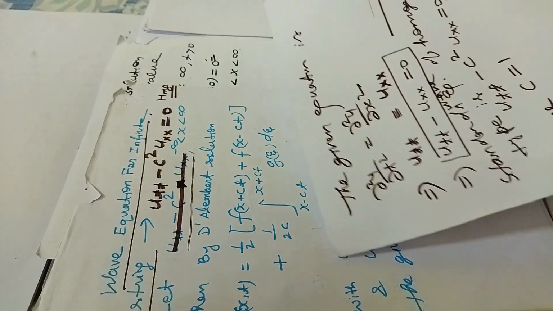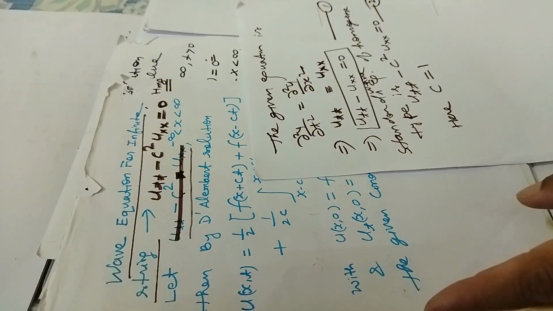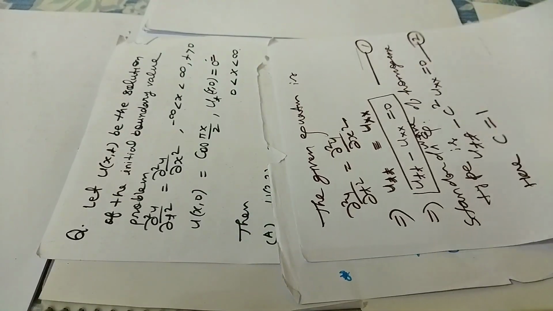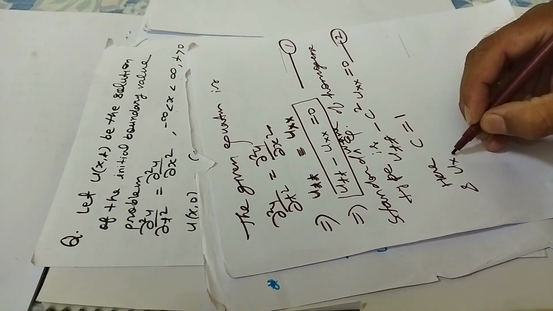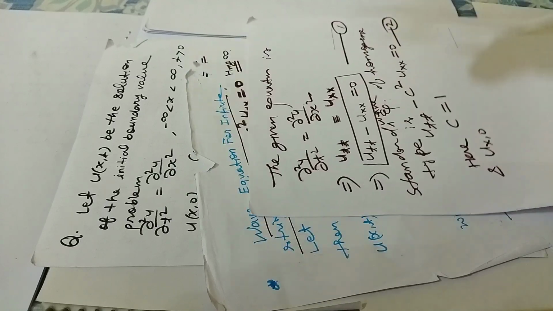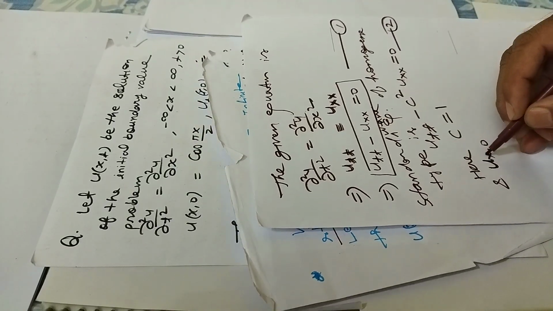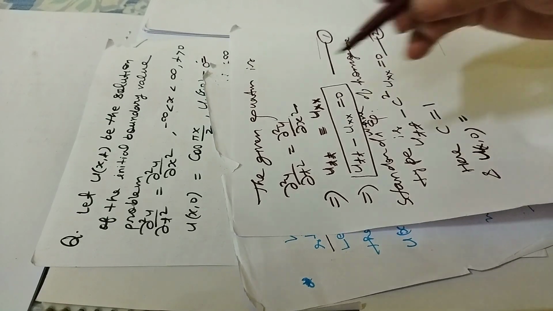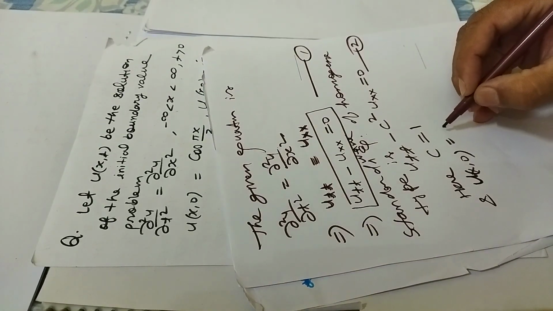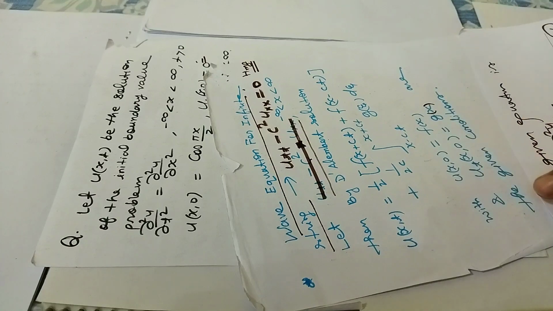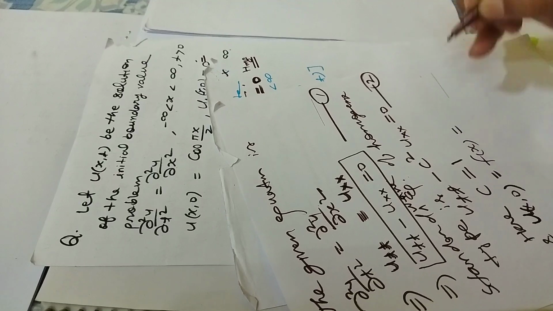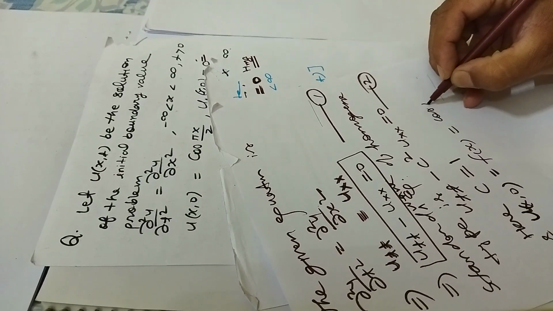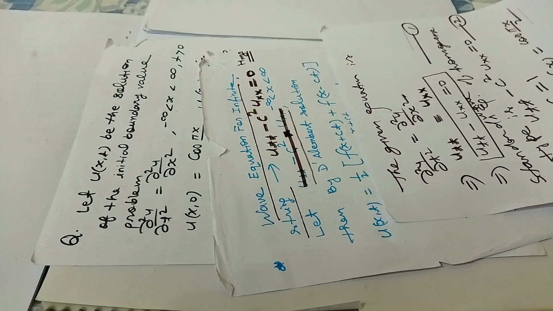And also we see in our question, u(x,0) is equal to cos(pi x by 2). As per our solution, u(x,0) is equal to f(x). That is, f(x) is equal to cos(pi x upon 2).